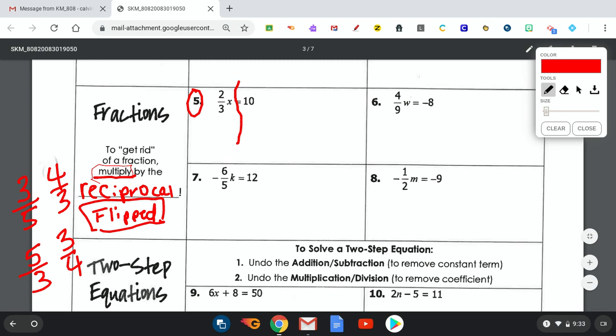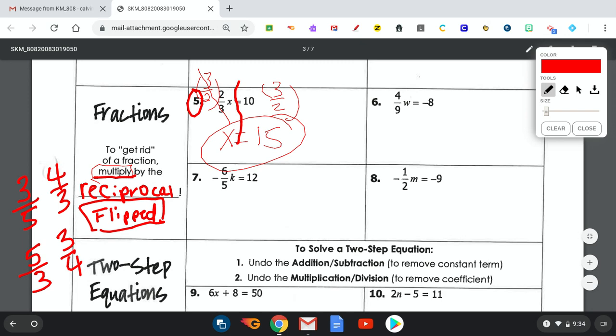Okay, so its reciprocal is 3/2. Well, remember, if I multiply on one side, I got to do the same thing on the other. So I'm going to multiply this side by 3/2 as well. This cancels out because I was able to multiply by its reciprocal. And I have now 10 times 3/2, which is 15. And that's my answer.